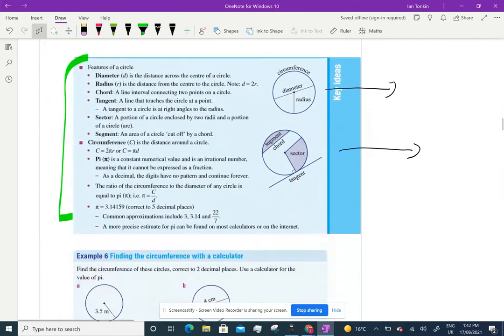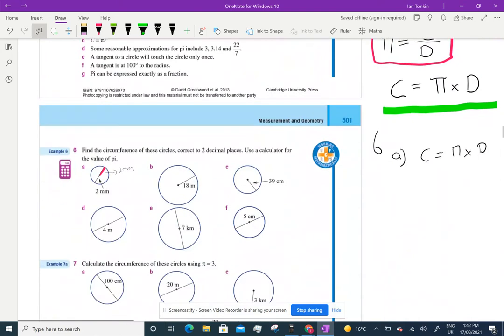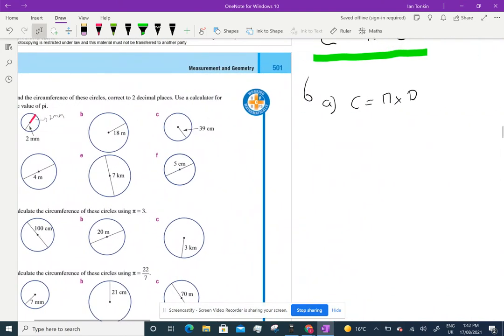So here we go back to this question. It equals pi times 4 because the diameter is double the radius. Okay, you need your calculators for this.